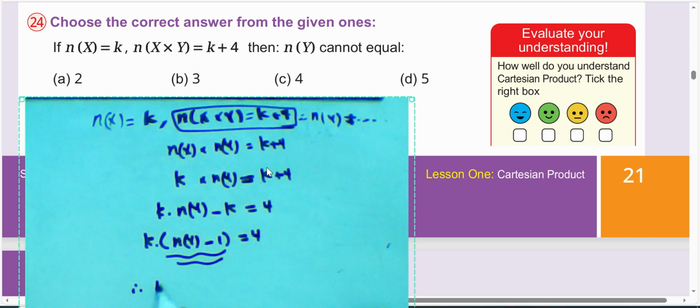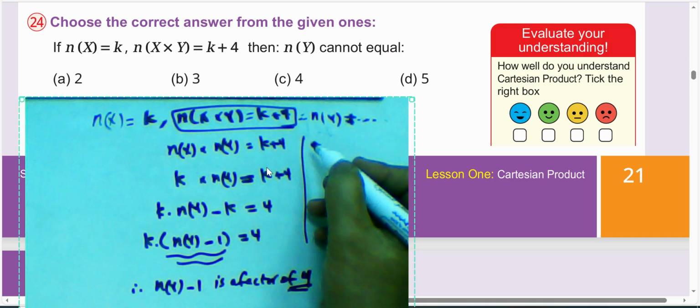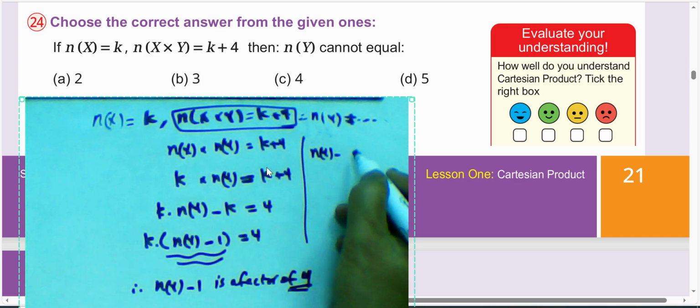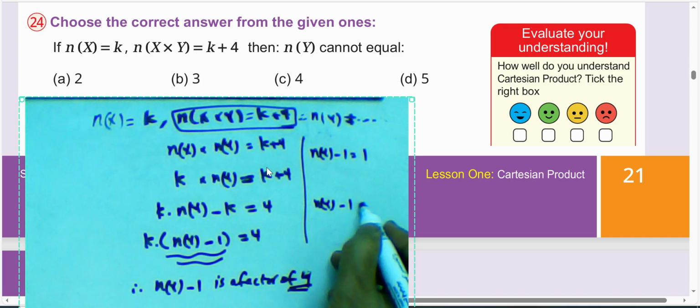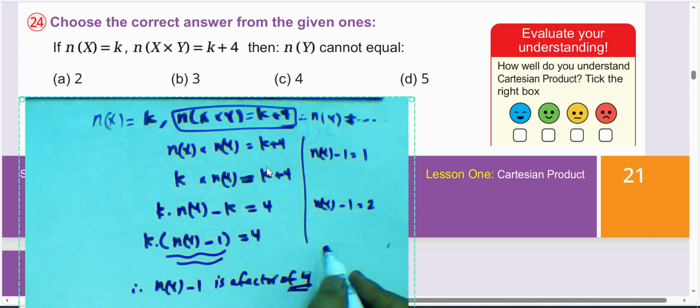The number of elements in Y minus 1 is a factor of 4. Factors of 4 are like this: the number of elements of Y minus 1 may equal 1, and it may equal 2, and it may equal 4.